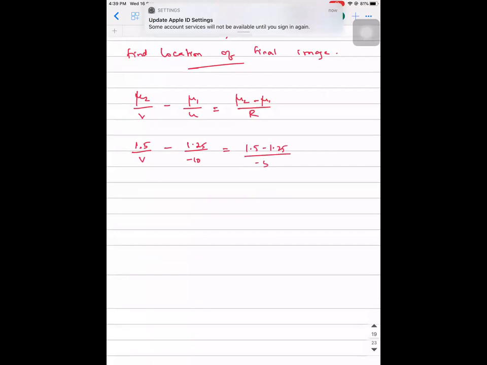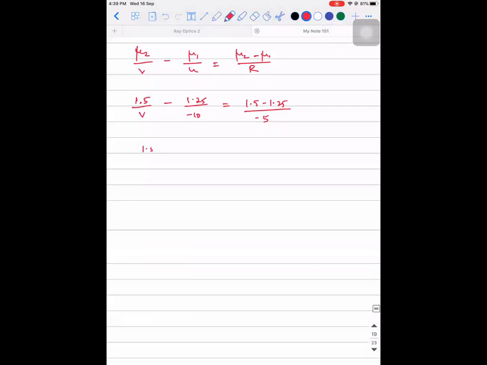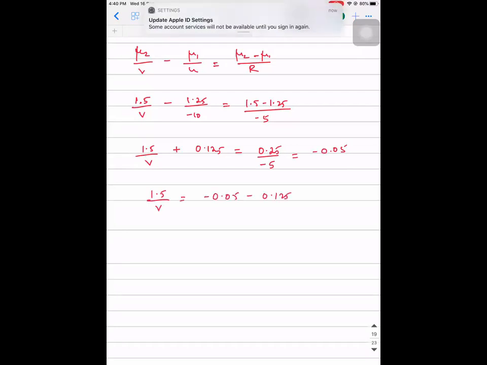So how much will the answer be? 1.5 divided by V plus 0.125 is equal to 1.5 minus 1.25, which is 0.25. 0.25 divided by minus 5 will be minus 0.05. So 1.5 divided by V is minus 0.05 minus 0.125.